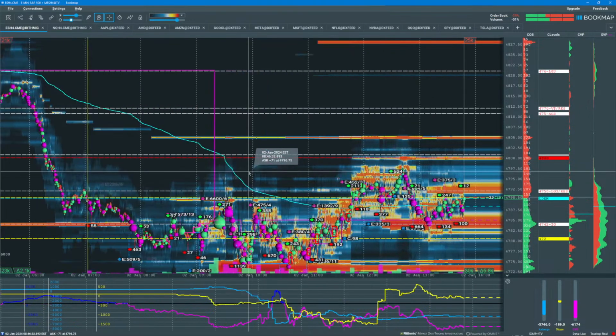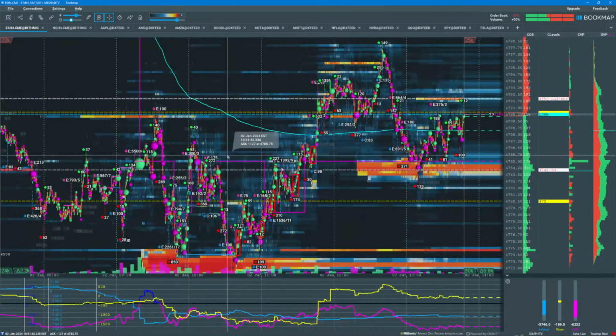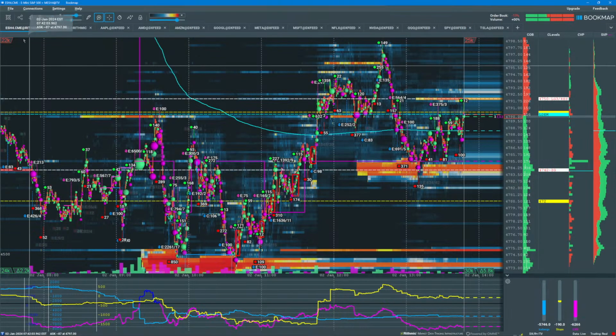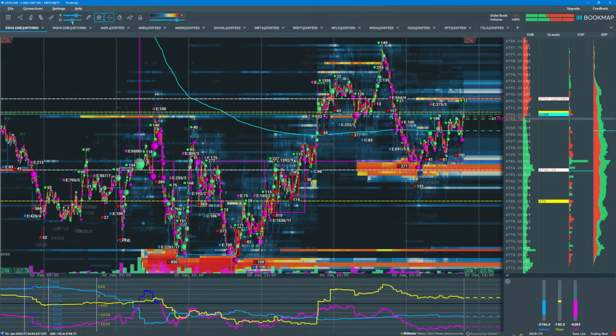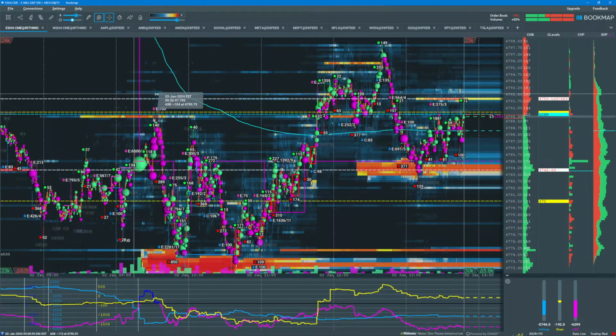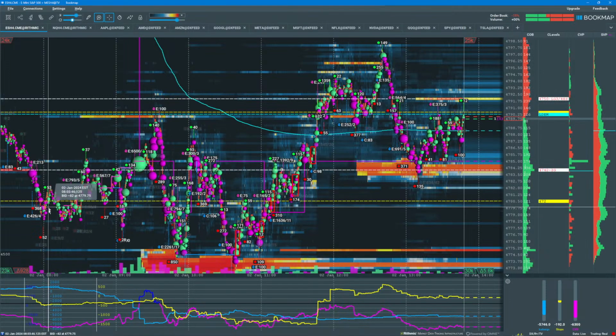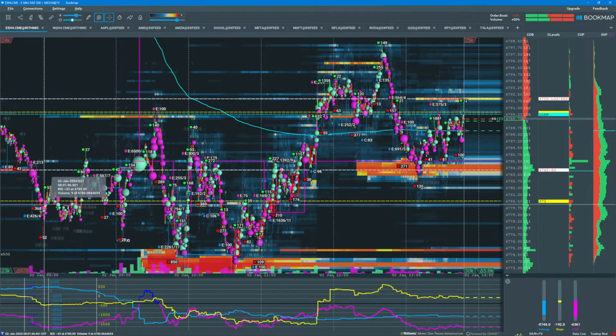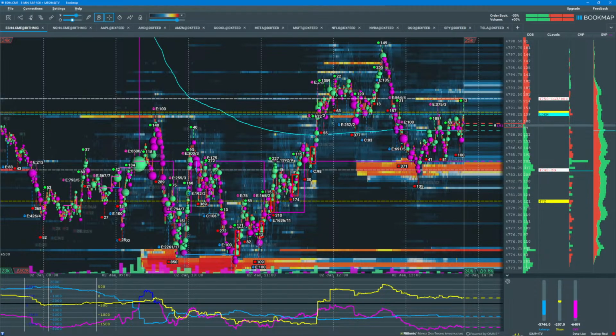So let's zoom in now so we can see what has happened, especially during the cash open. Make these volume dots a little bigger. So a pretty choppy session, starting from about 8 a.m. when the ES found support right around SPY 472.